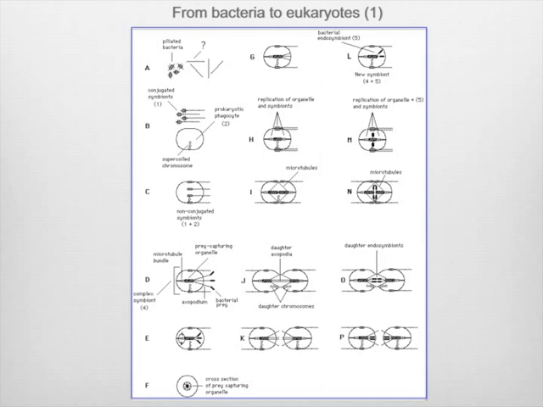So if we look at figure A at the upper left-hand corner, there are two kinds of bacteria there. There's a pileated bacterium. We won't go into what pileated means. It just means it's covered with certain little outcroppings. And then there's another kind of bacterium that looks kind of like a spirochete, which is a certain kind of bacterium, but it's a motile bacterium. And these two symbiotes come together.